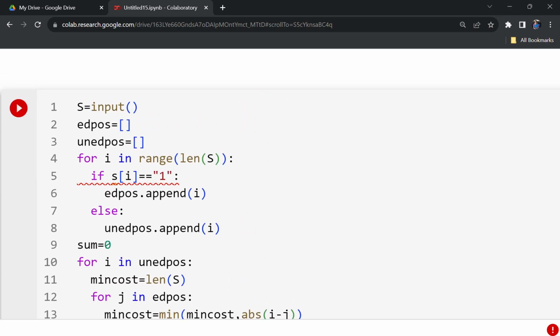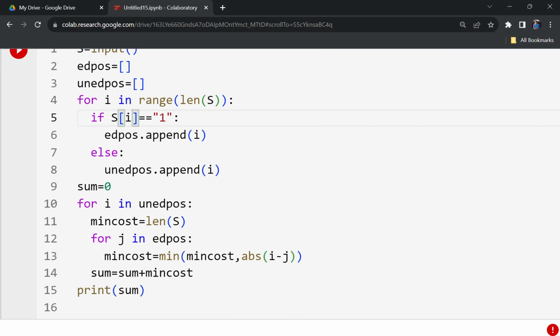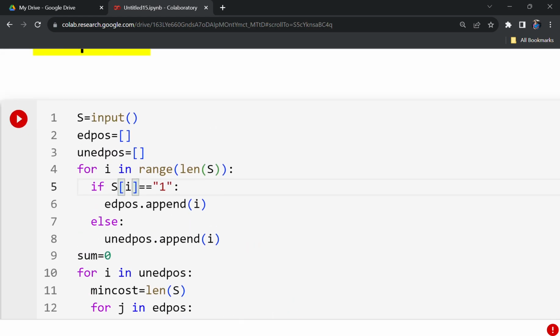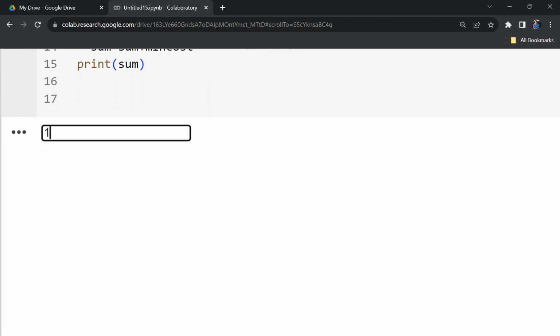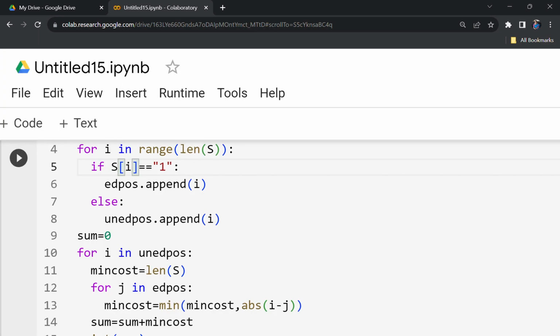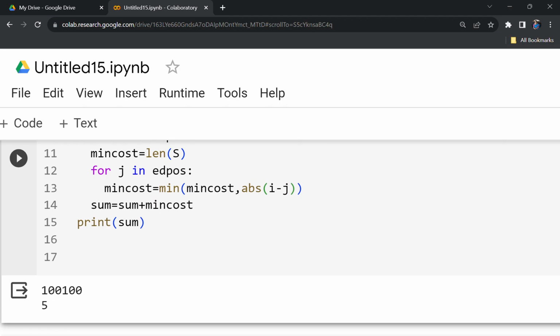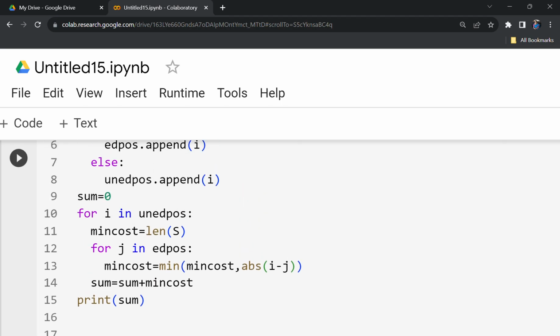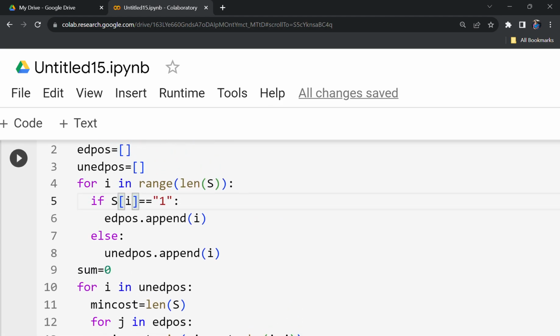The error here is I have considered capital S, but here I have given small s. Yeah, done. The error is rectified. Let me give the input again, 1 0 0 1 0 0. What is the output we must get? 5. Yes, exactly. This is what we are expected to give.